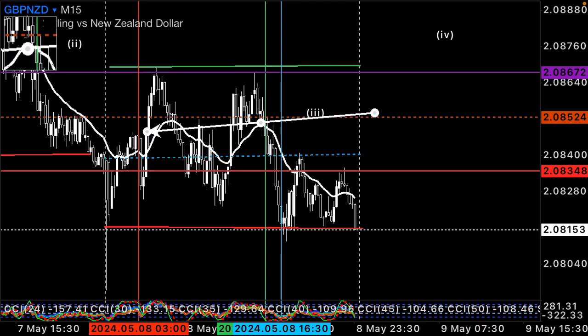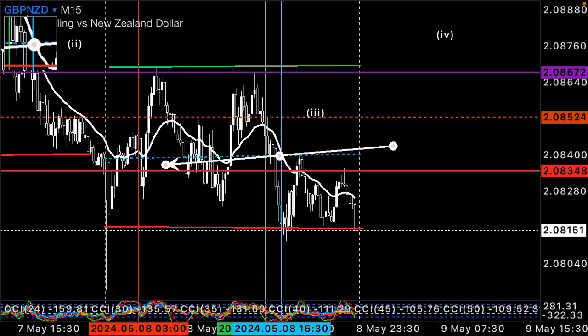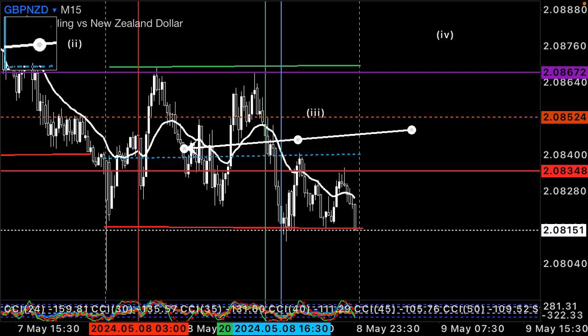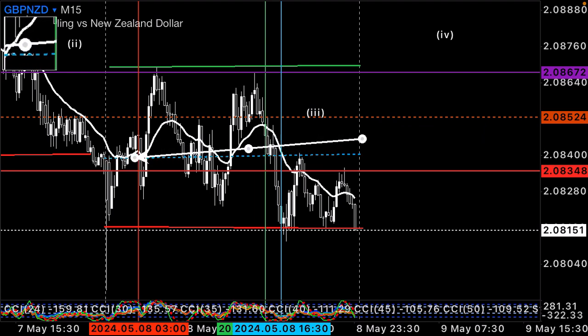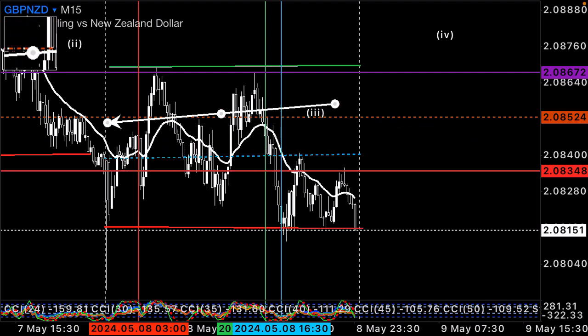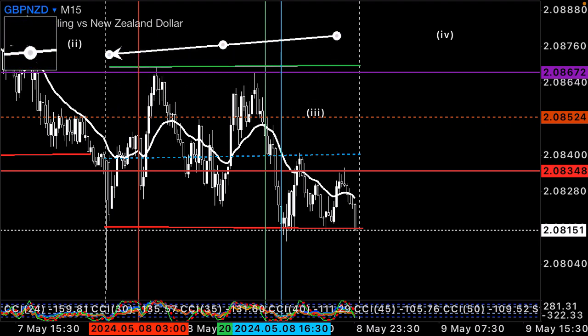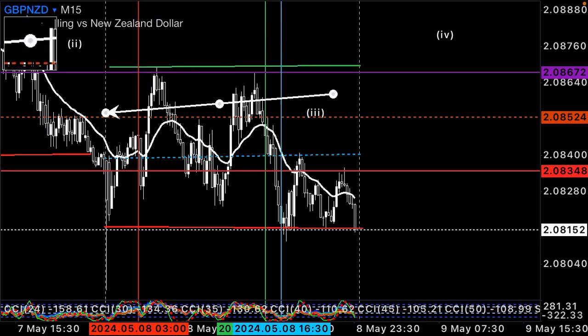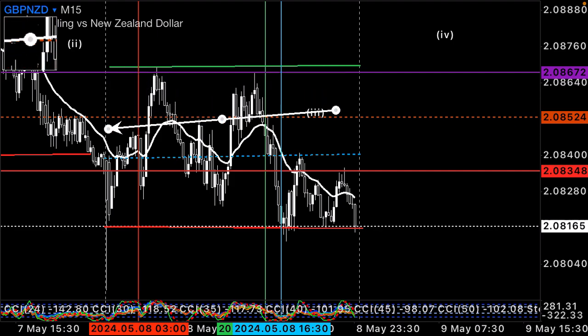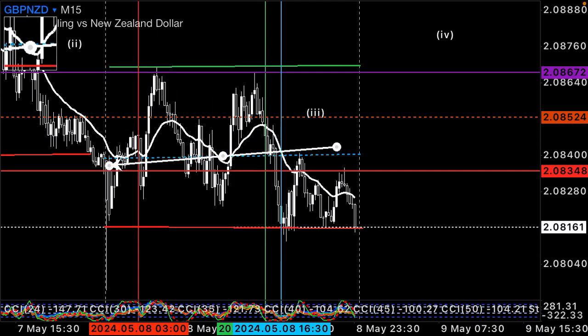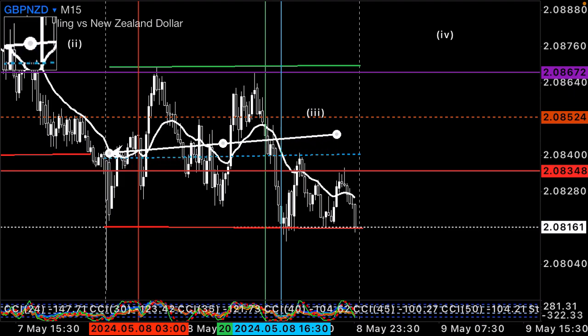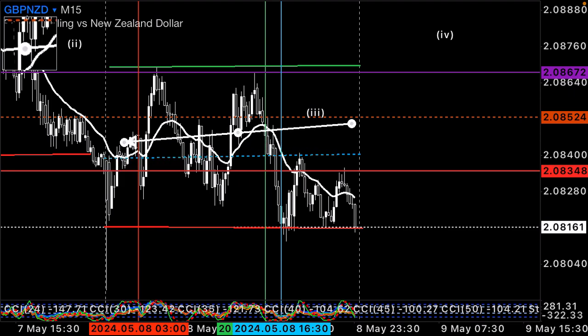Here's the first green day. Comes up above the previous day's closing price, which this thin white dotted line represents: 2 o'clock or 1400 Eastern Standard Time, which is the New York close, which happened right there.